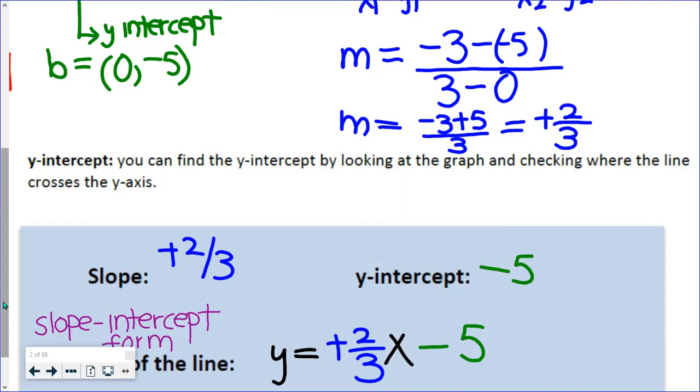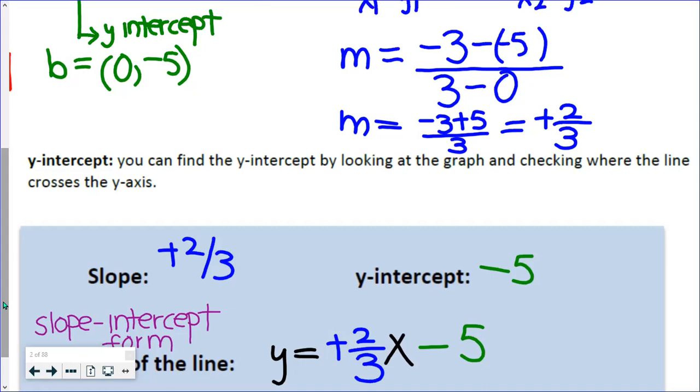Often in your unit guide, you're going to be asked to analyze the different features, like the slope or the y-intercept. They're already in simplified form, so there are no common factors to cancel out. That indicates there's no hole in my function. That's one thing we can start with. Then the denominator is going to tell me where my vertical asymptote is going to be, because that's the restriction.